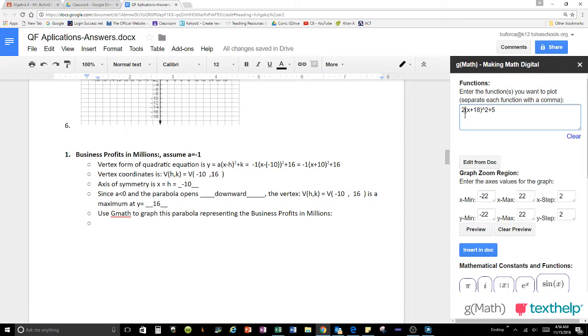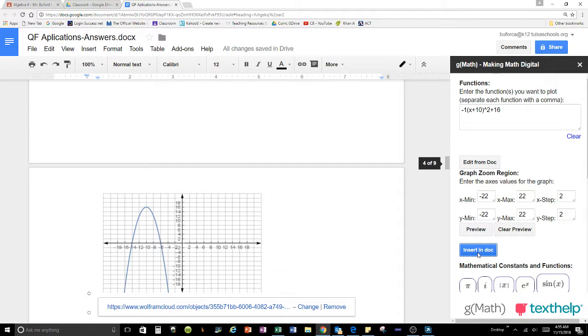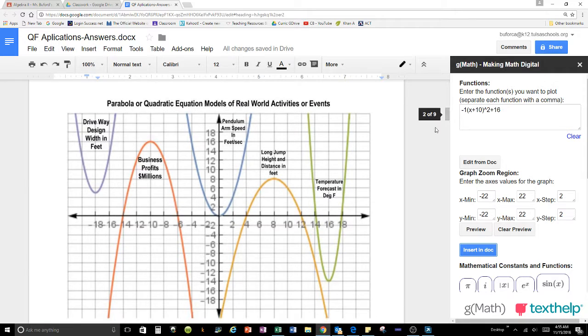This becomes a -1. This becomes a 10. And this becomes a 16. We know our cursor's right here, so we hit the insert button. That gives us this parabola, which looks just like this parabola for business profits.